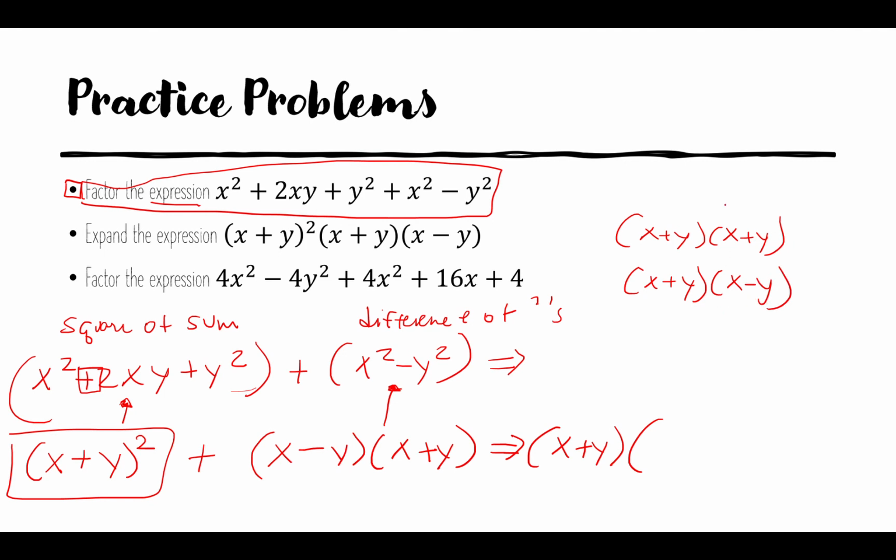So we can factor out an x plus y since it's present in both of these, and we'll get x plus y times the sum of these two, which is just 2x. And that is this expression in factored form.